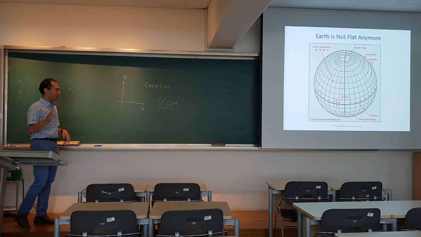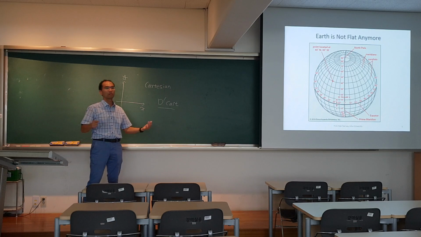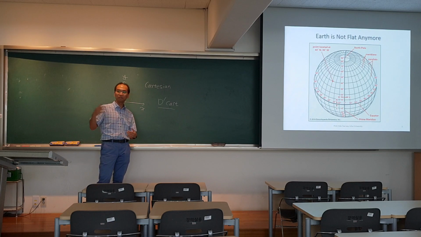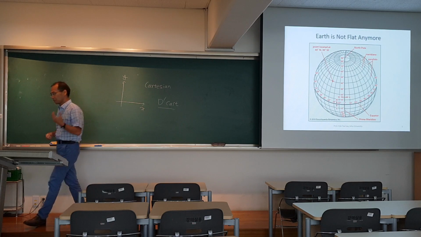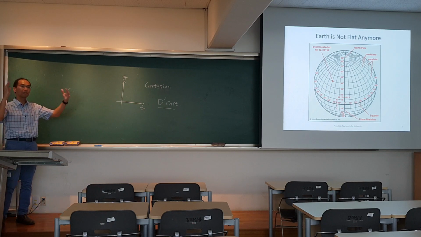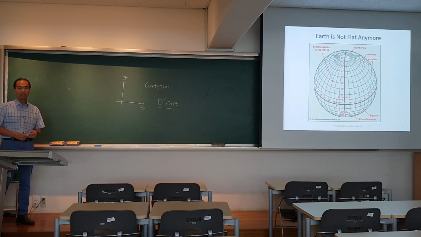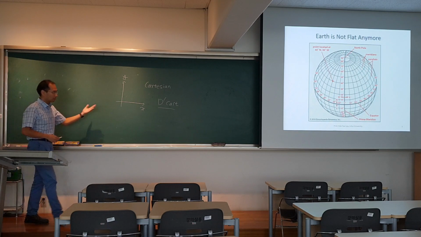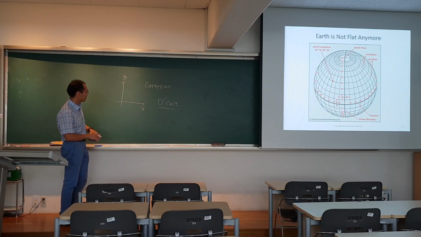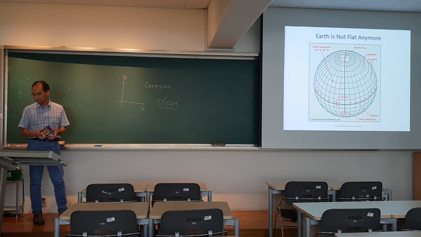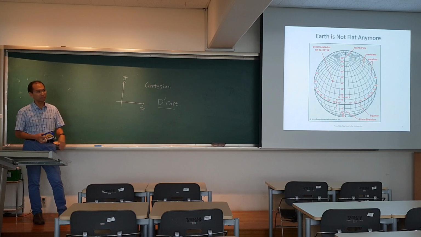However, if you look near your area locally, it's fine, but the Earth is almost a perfect round ball. It's a sphere, and it's basically impossible to express any position using the simple xy coordinate.